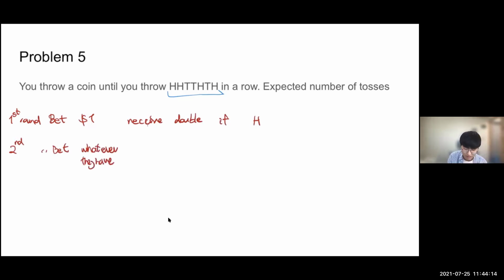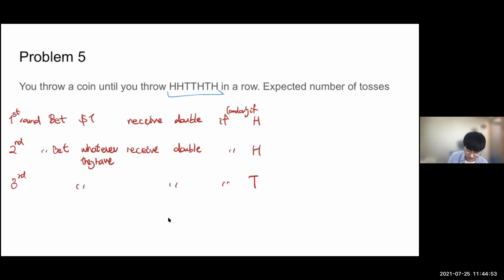Basically, if they've lost on the first round, then they can't join the second round. But if they've won the first round, then they bet $2, and they will receive double the amount if and only if H comes up. So on the third round, they do the same thing. And here, instead of receiving double if H shows up, you receive double the amount you've bet if T shows up.